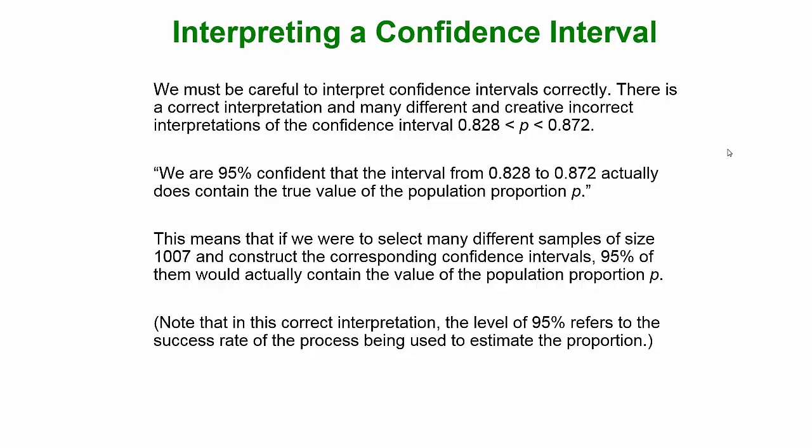This statement means that if we were to select many different samples of size 1007 and construct the corresponding confidence intervals, 95% of them would actually contain the value of the population proportion p. In this correct interpretation, the level of 95% refers to the success rate of the process being used to estimate the proportion.